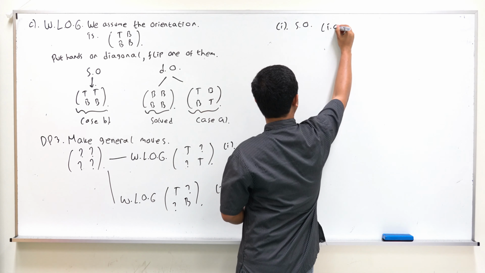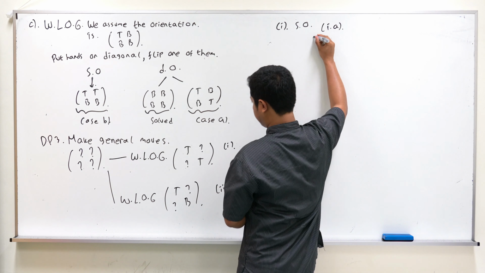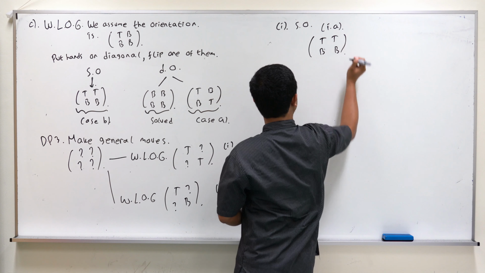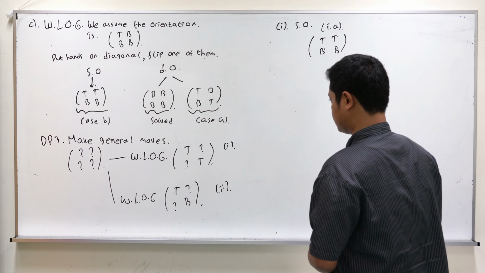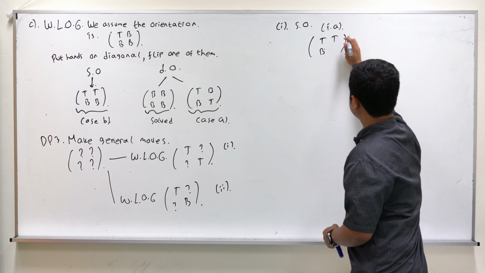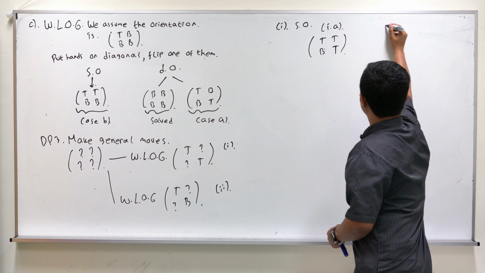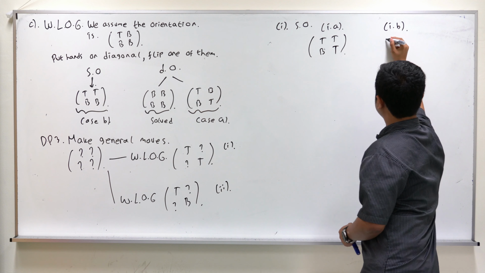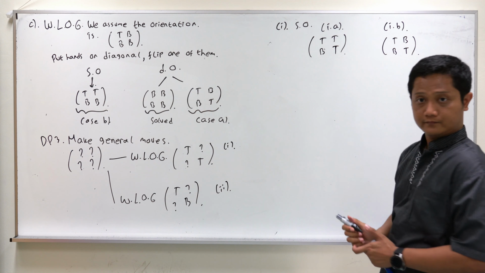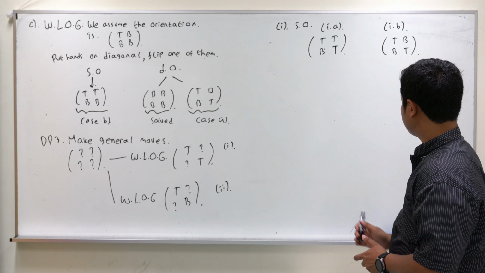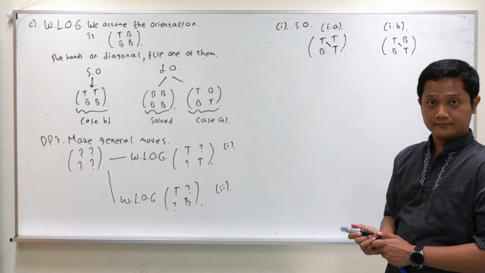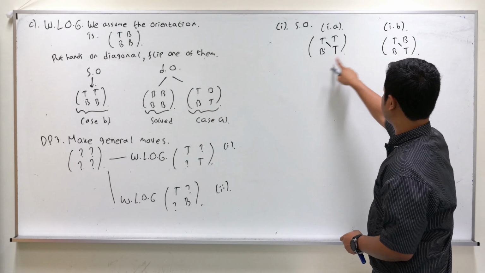The first case is something like this, TB. Sorry, this one should be T. And the second case is T, B, T. We can feel the diagonal is the same, but we don't know which one.